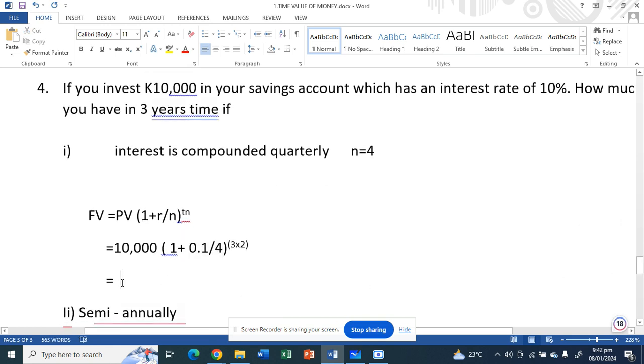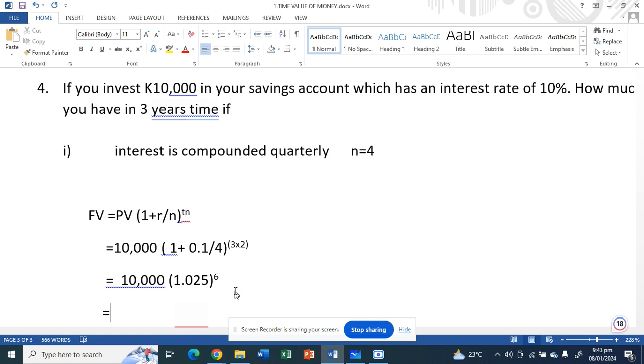You have 10,000 multiplied by 1.025 to the power 6. 3 times 2 is 6.